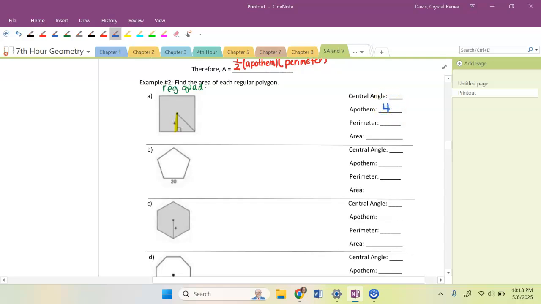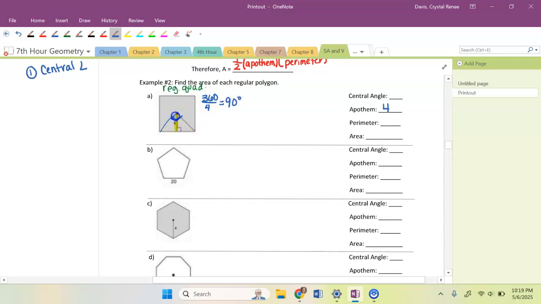I immediately have that. Now the first thing we want to do on all of these is find the central angle. That's what we did back in example 1. Remember, our central angle would be this whole thing right here, and we find that by 360 divided by the number of sides. In this case, that's 4, which would be 90 degrees.